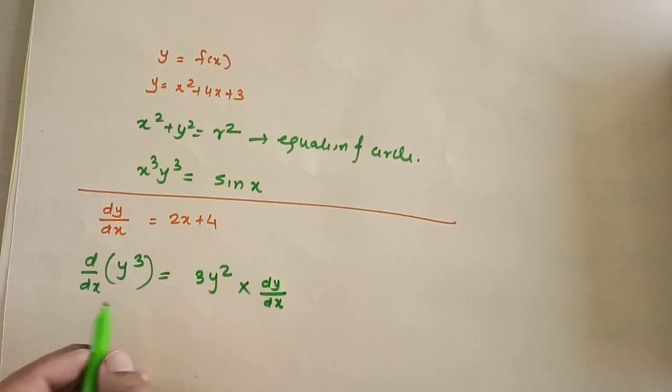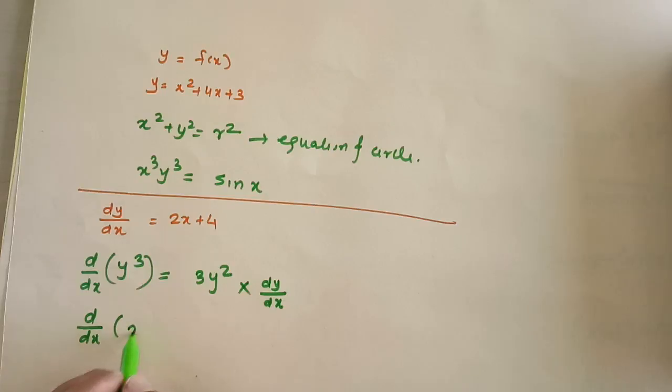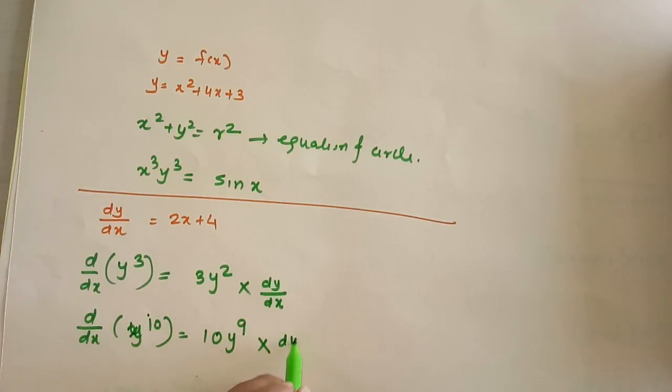If it's not clear, look at the next one. Suppose I want to differentiate y to the power 10 with respect to x. It's going to be 10 y to the power 9, as in normal differentiation, times dy by dx.